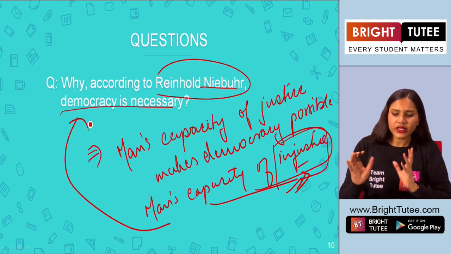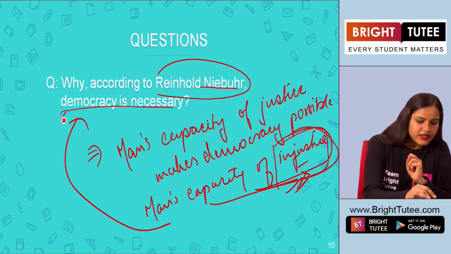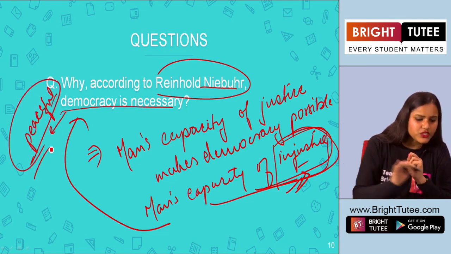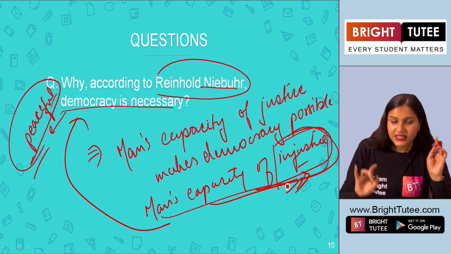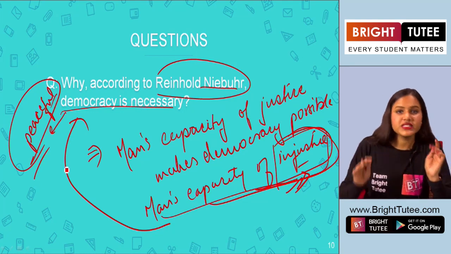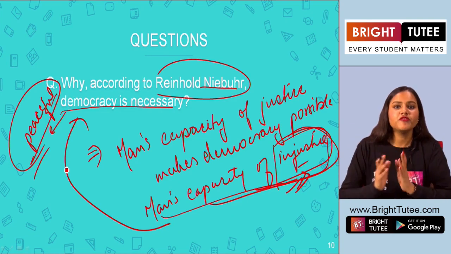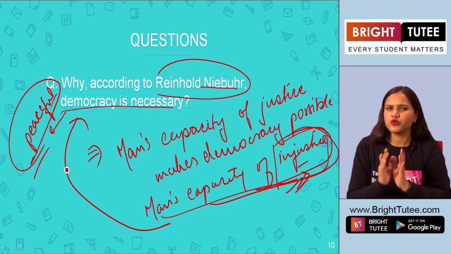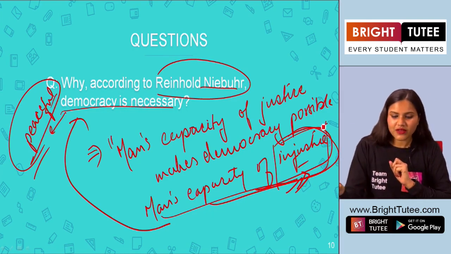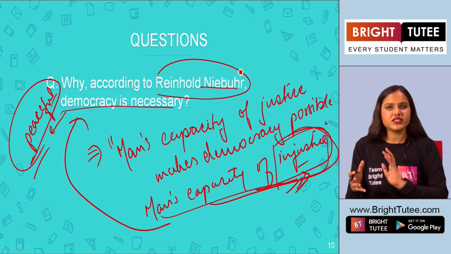Because only if it is contained in a democracy could the country be peaceful. Right, students? So therefore, man's capacity of injustice makes democracy necessary, so that there is proper governing, proper functioning of that particular country. So this was a common phrase given by Reinhold Niebuhr. Now it has a deep meaning, but in a simple sentence we have to understand it like this.